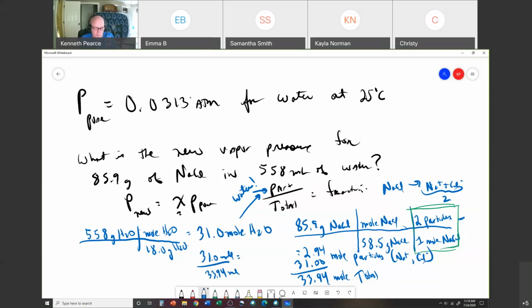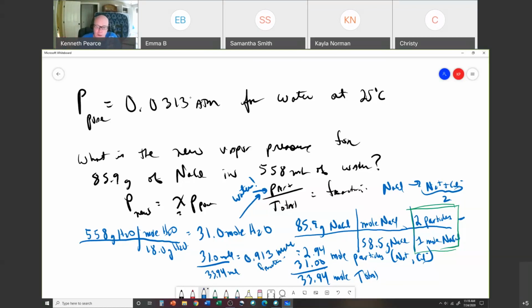So we say 31 divided by 33.94. There it is. And we get 0.913. And that is the mole fraction of the water. What's the mole fraction of the sodium chloride? Well, it would be the other way around. It would be 0.09.